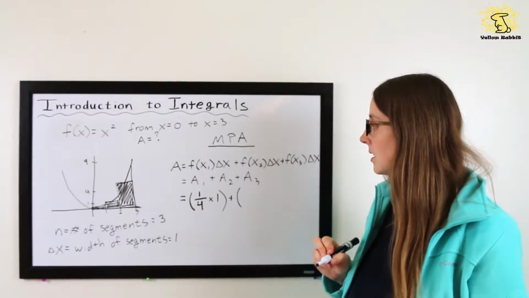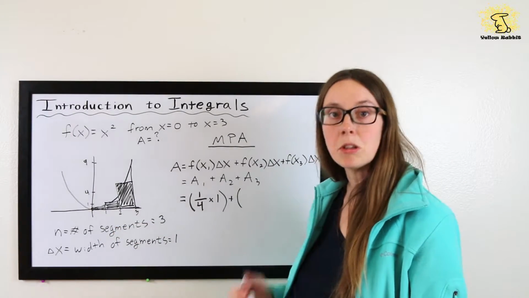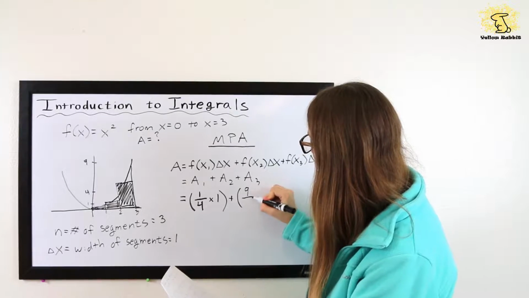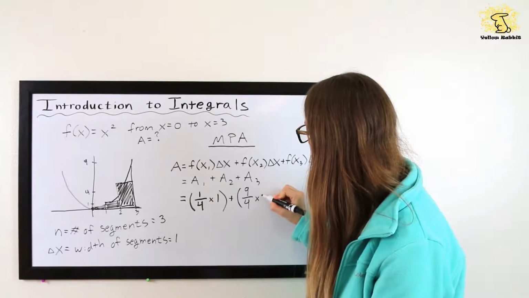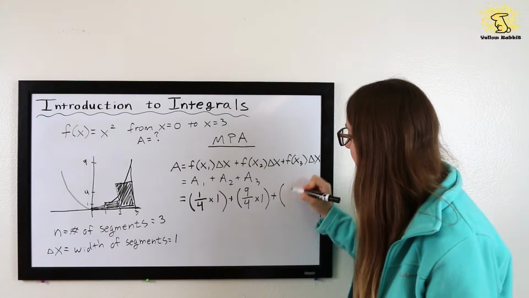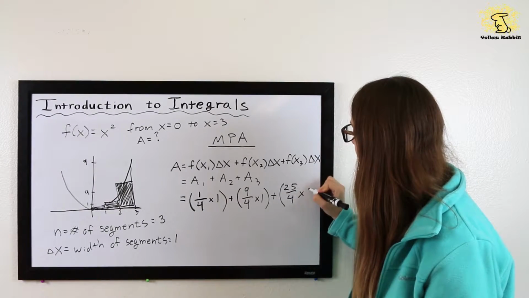The second rectangle is constructed using this midpoint here, which is 3/2, so that gives us 9/4 by 1. And then the area of that final rectangle is 25/4 by 1.